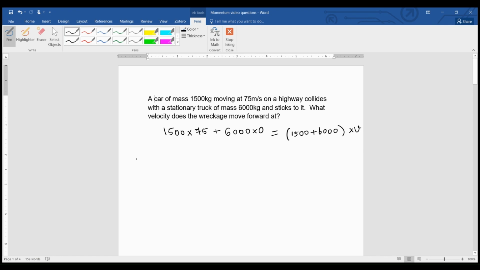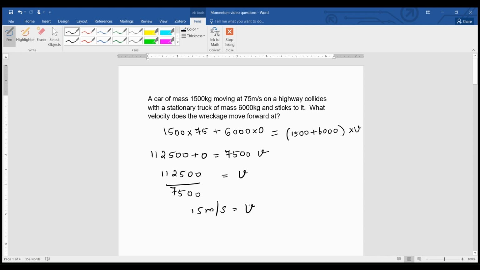Let's solve for this. So this becomes 112,500 plus 0 will be equal to 7500 V, or your V will be 112,500 over 7500. So your V will be 15 meter per second.